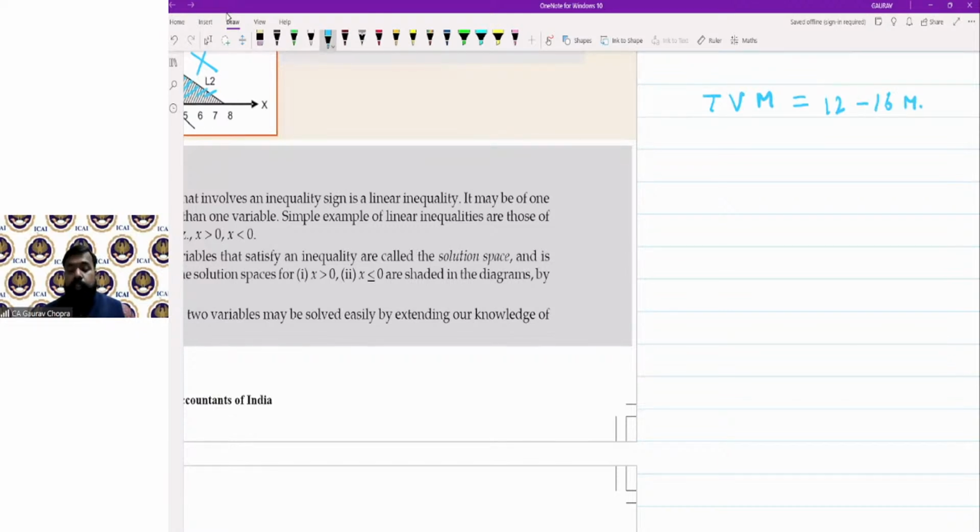So the chapter is very important, and that portion will be divided into three parts. First will be simple interest, second will be compound interest, and third will be annuity. So all these are very important for the examination.